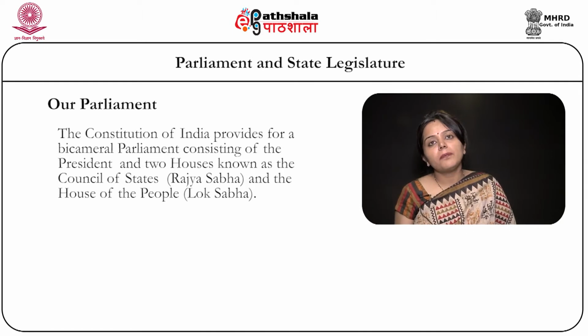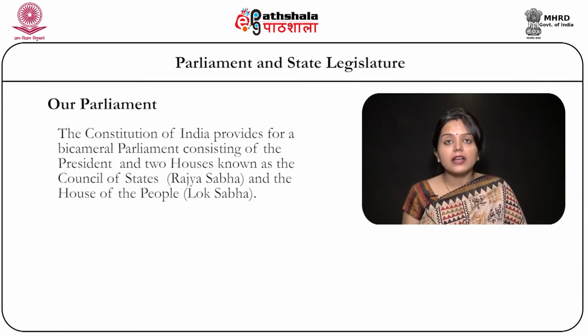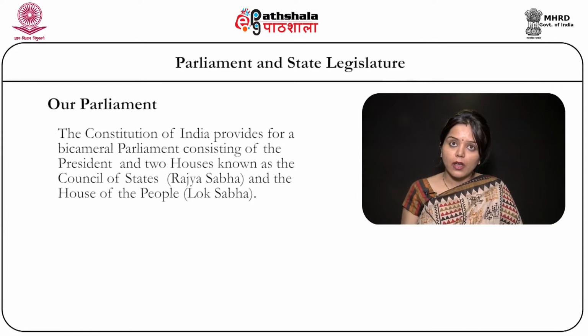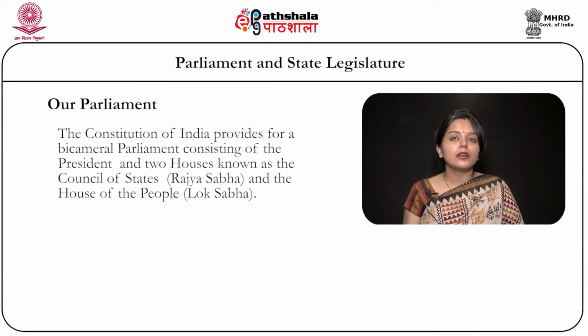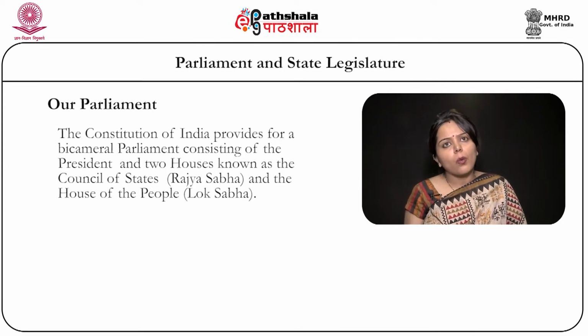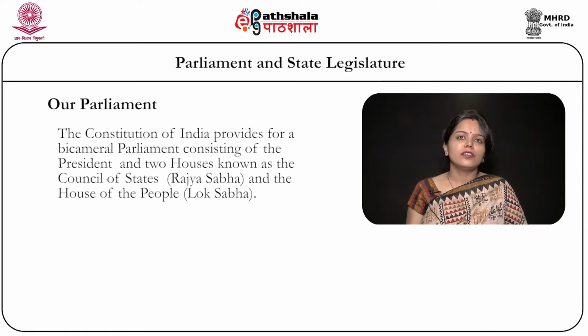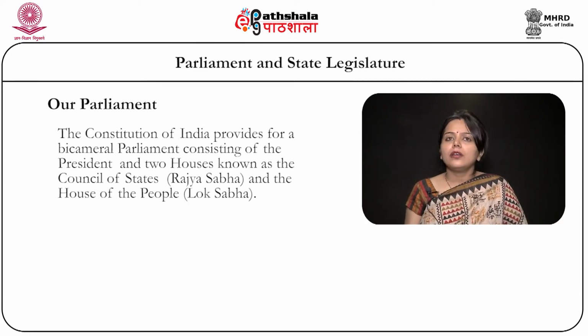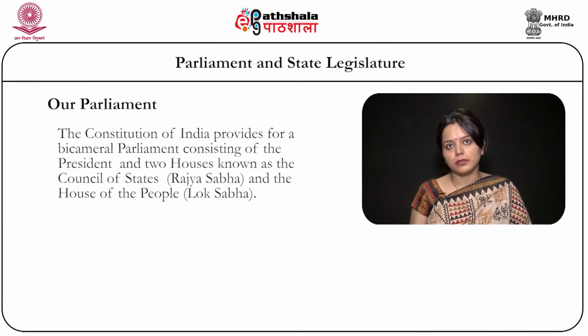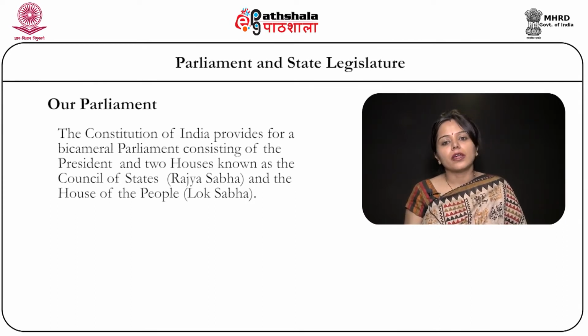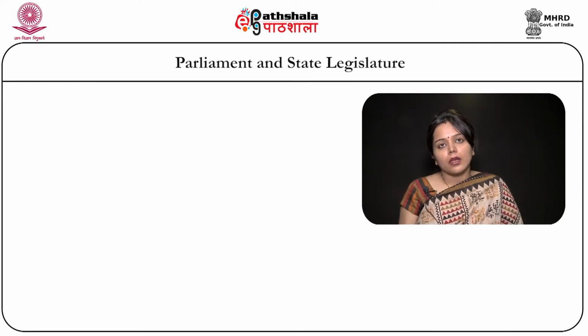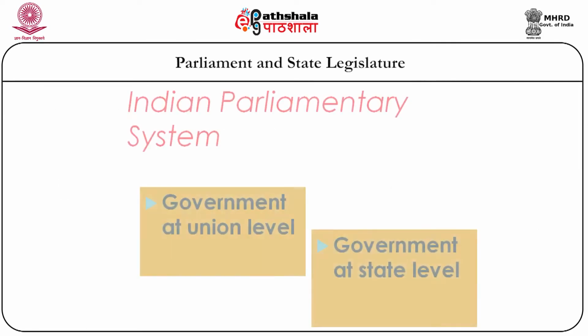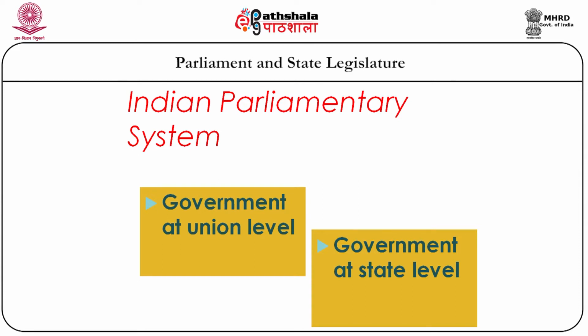You know, students, that Parliament consists of the President, but the President here is not a member of any house. These two houses are, one, the Council of States, which is famously known as Rajya Sabha in India, and the other house, the House of the People, again famously known as Lok Sabha.